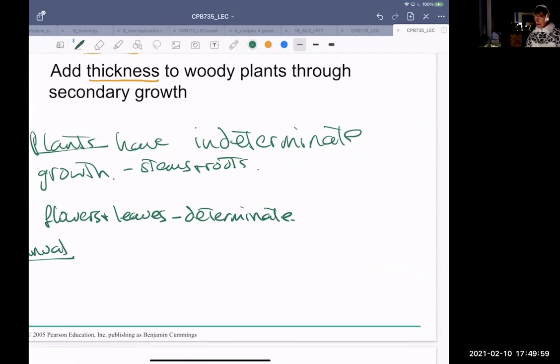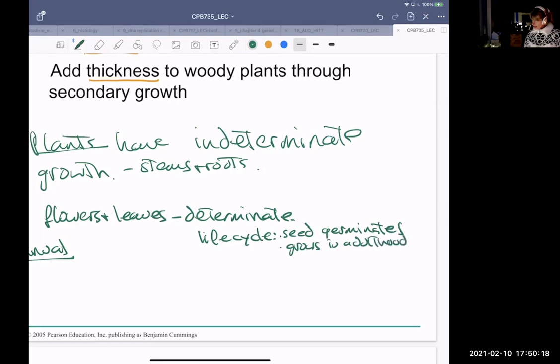From germination, a seed germinates, grows to adulthood, and produces seeds and dies. So that's one life cycle. So annual plants just have one life cycle in 1 year.